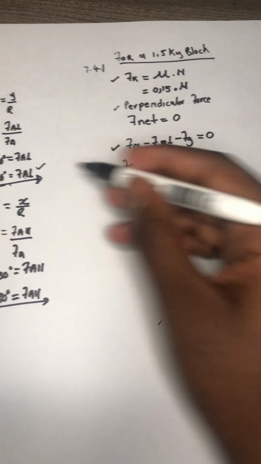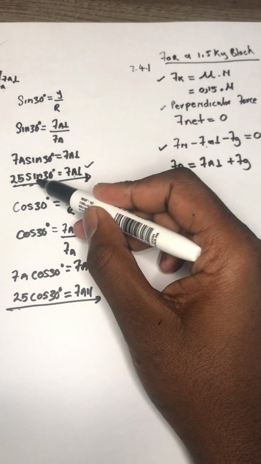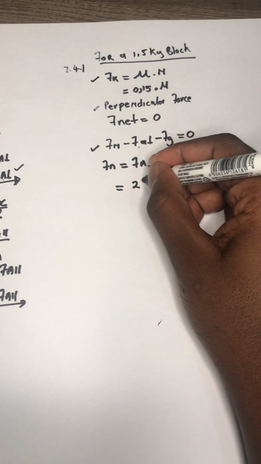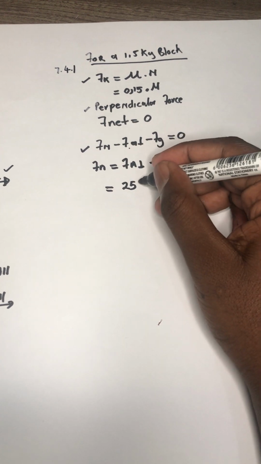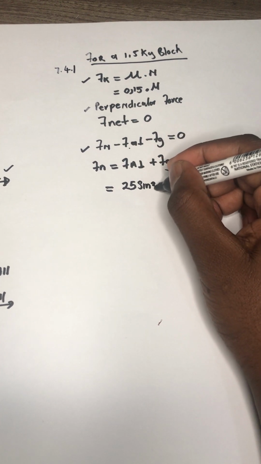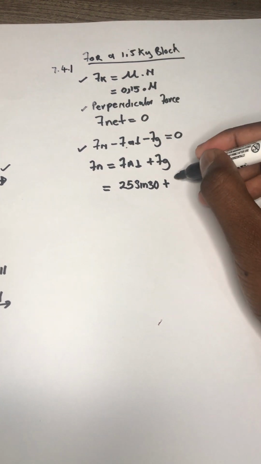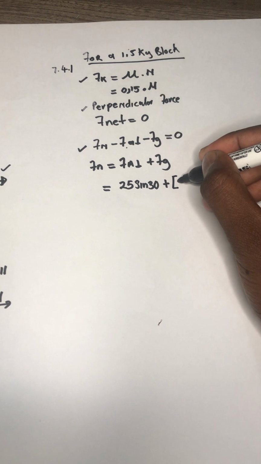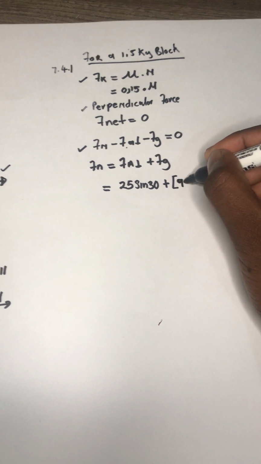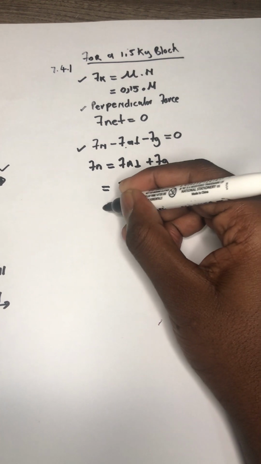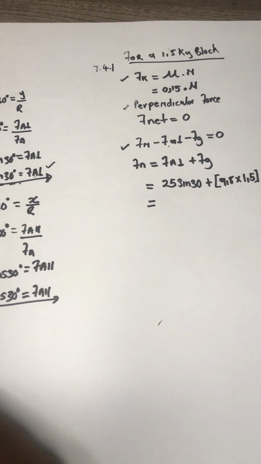Ubani Fa perpendicular sithe uyu 25 sin 30. So this is 25 sin 30 plus Fg nayo imese sinayo uyu 1.5 9.8 times 1.5. So this is total normal force.